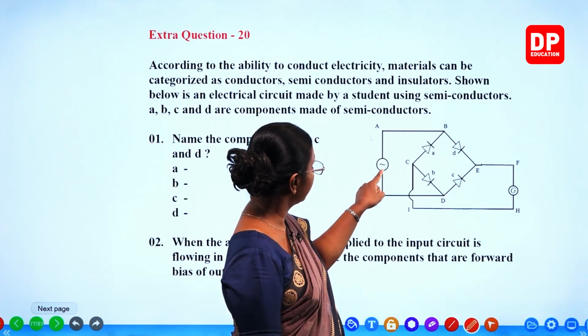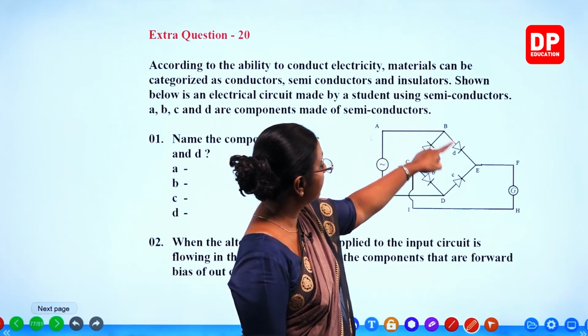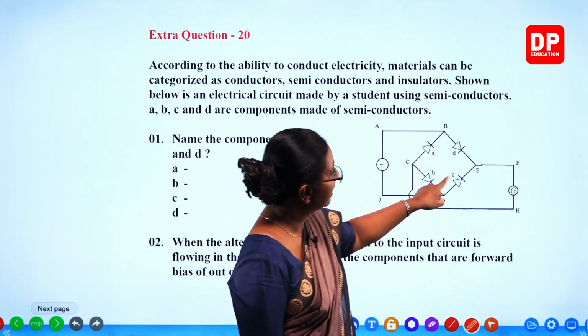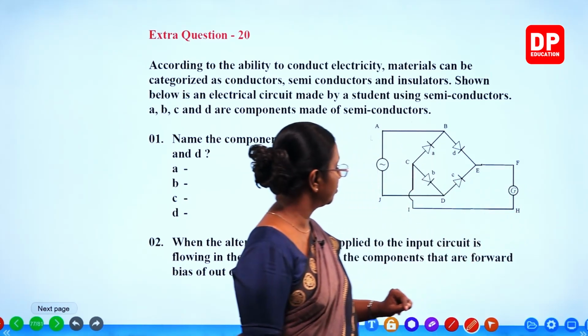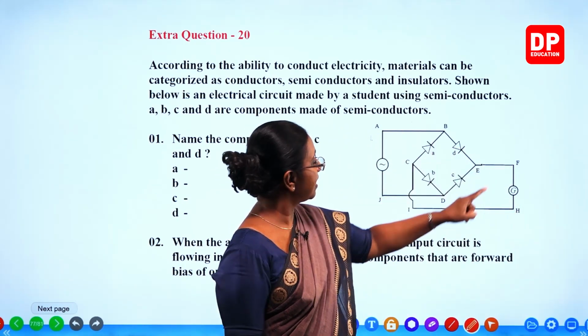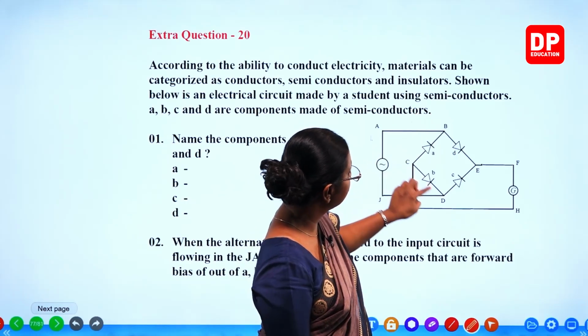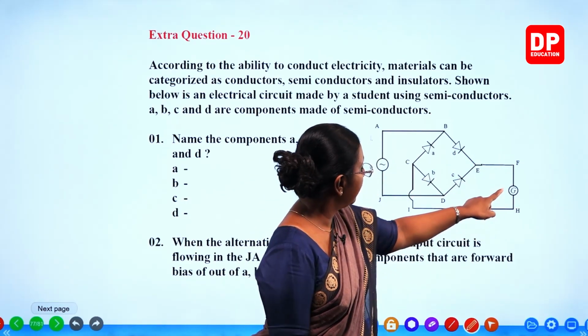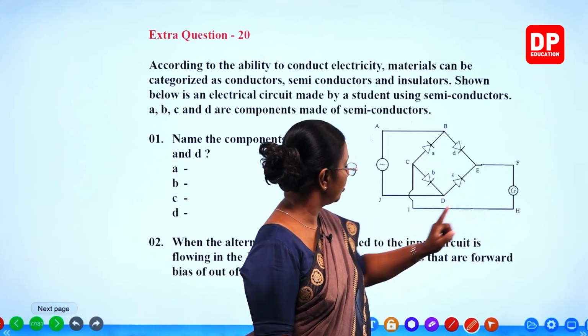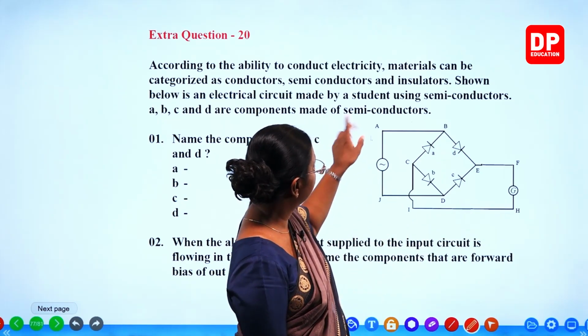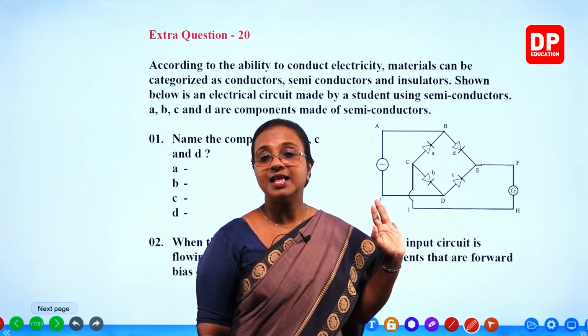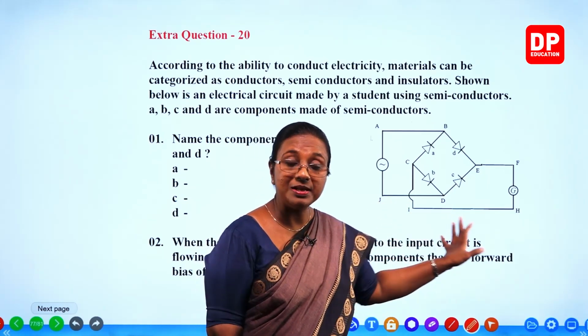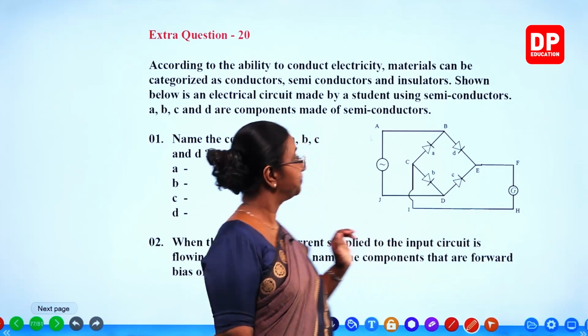Here you can see the alternating current source, then the rectification bridge circuit, and then the galvanometer. The different points are labeled as A, B, C, D, E, F. Then we have G for galvanometer. H, I, J are the points that are labeled there. So you are familiar with this type of circuit.